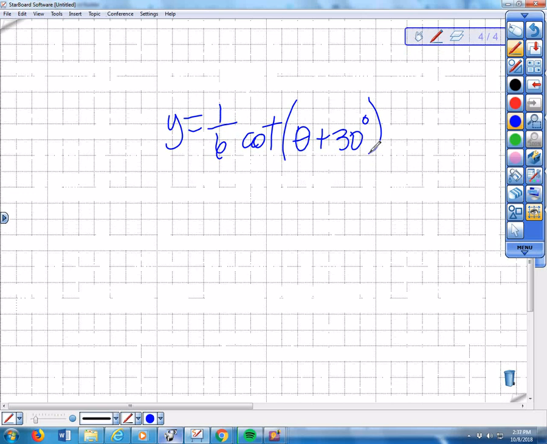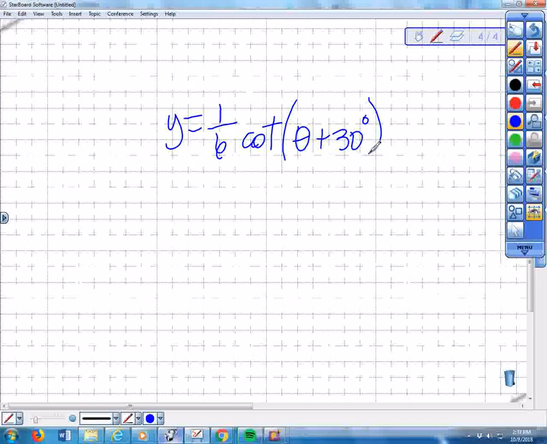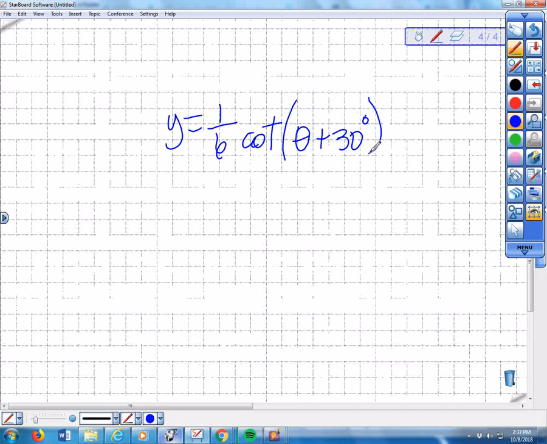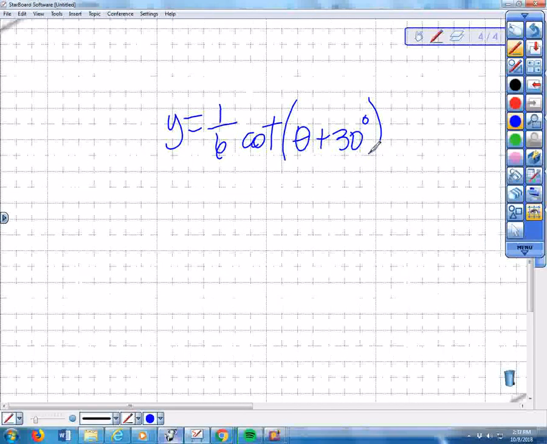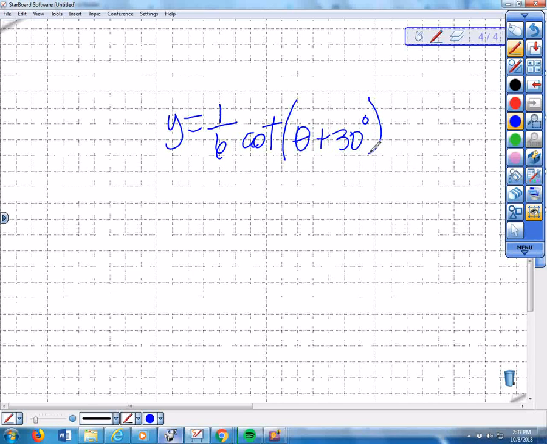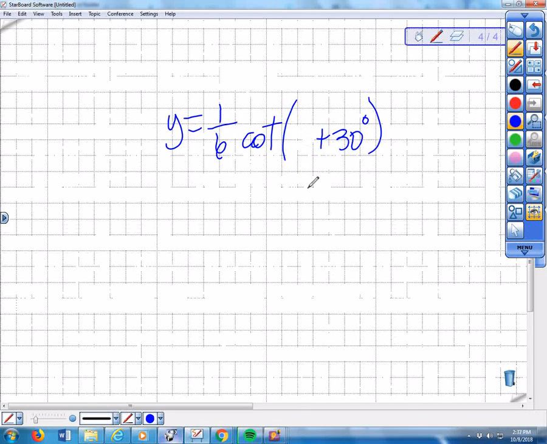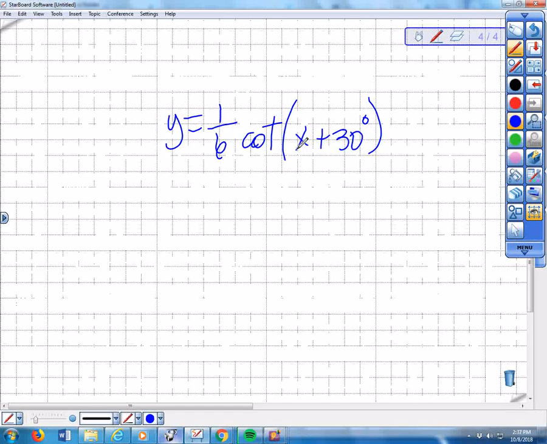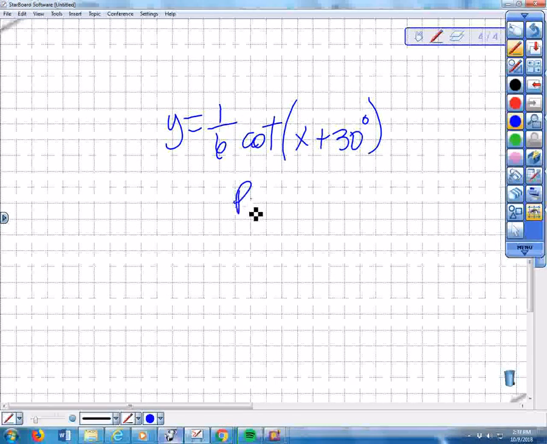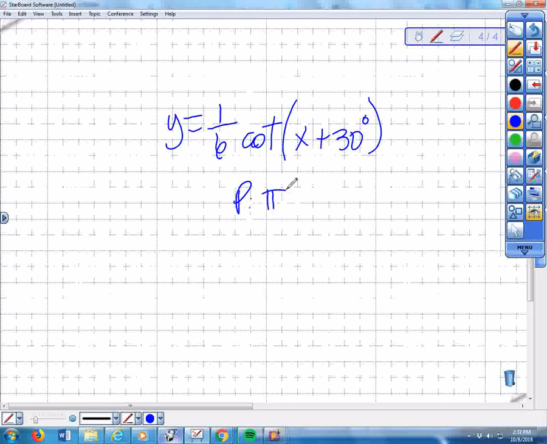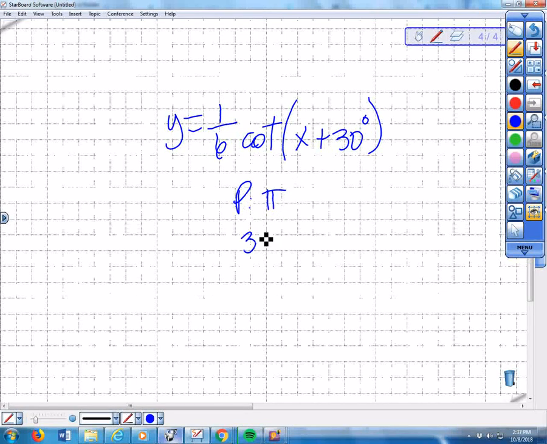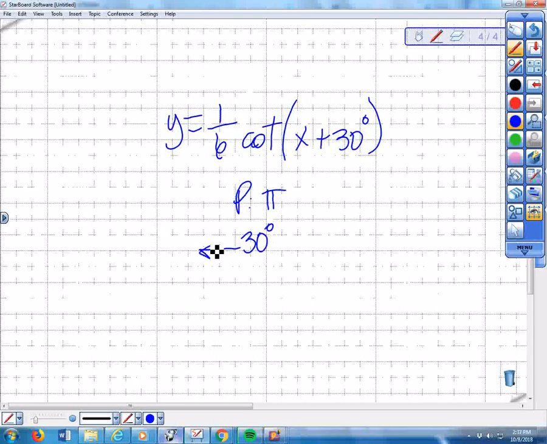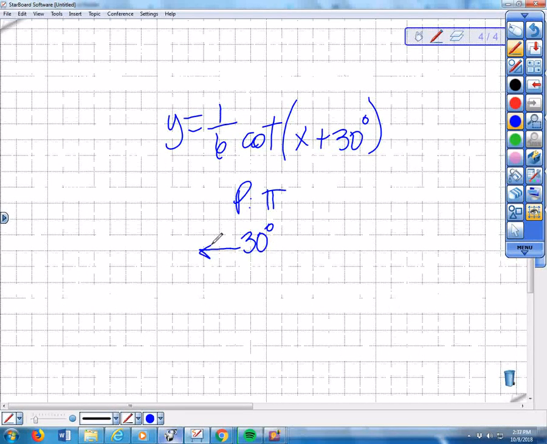The period is 2 pi over theta, theta is your variable, x. So if it helps you, what's the period of cotangent? Pi. So the period of this is pi. The shift is 30 degrees left. And the amplitude's 1/6.